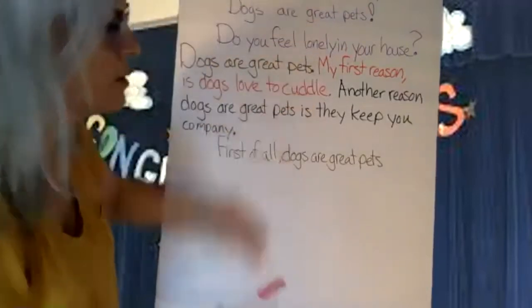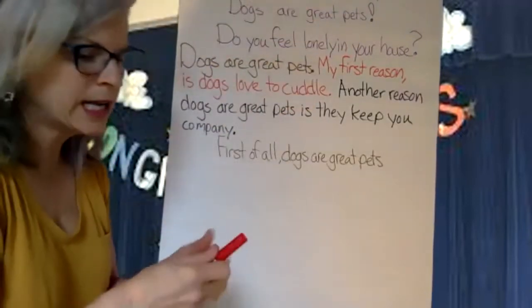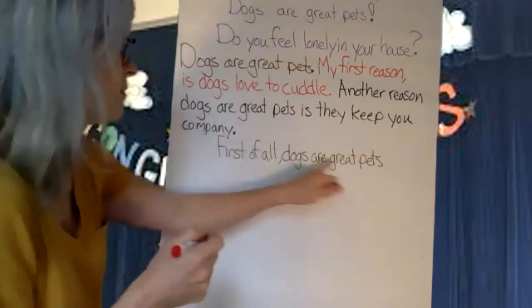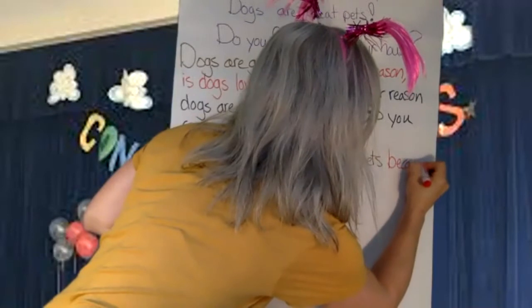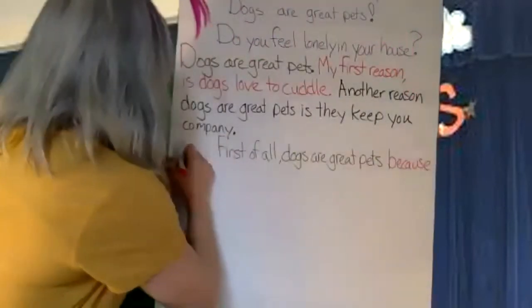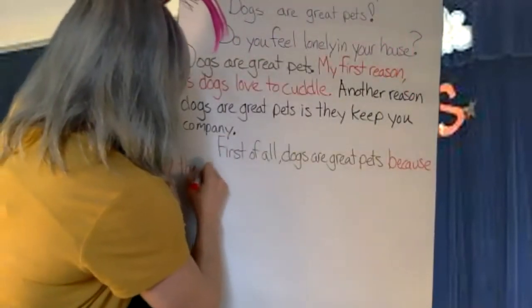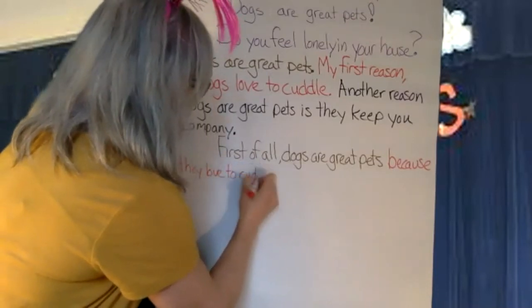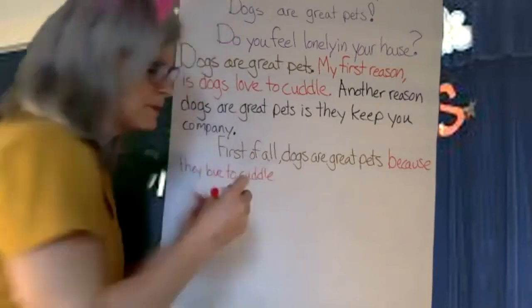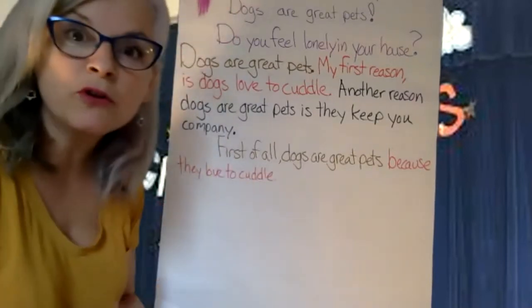Whatever order you put them in the introduction, you're going to keep them in that order in the essay. First of all, dogs are great pets because they love to cuddle.